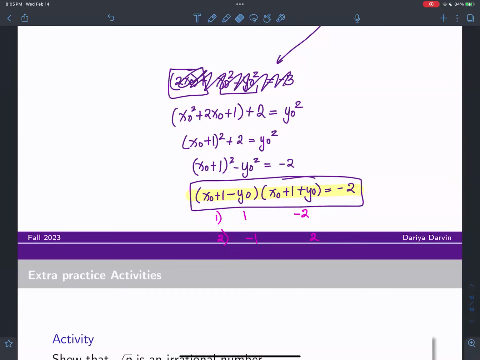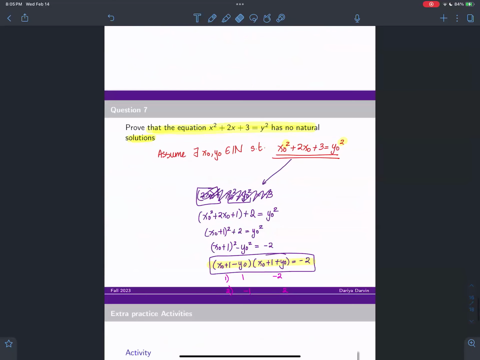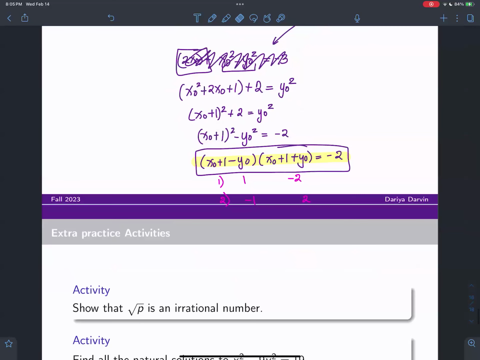Oh, there are more cases: 2 and -1, and -2 and 1. Yeah, those are the cases. So you have to do 4 cases and all of them lead to a contradiction when you solve for x naught and y naught.